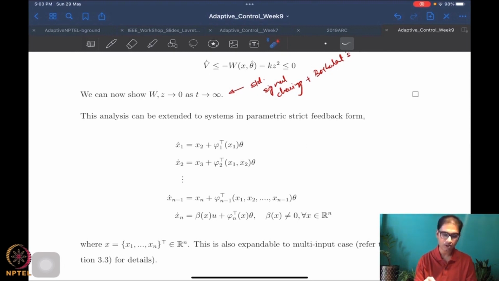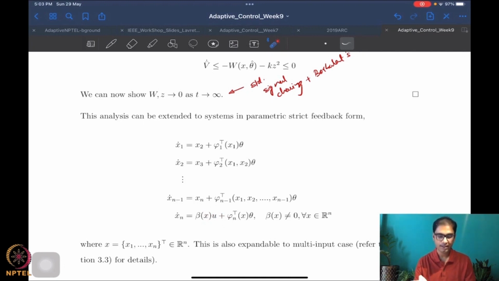This is essentially what is called the parametric strict feedback form. The idea here is that you would think of x3 as the control and work with x1, x2, and so on and so forth. You move further down until you reach xn being the control, and then you finally have u as the control itself.